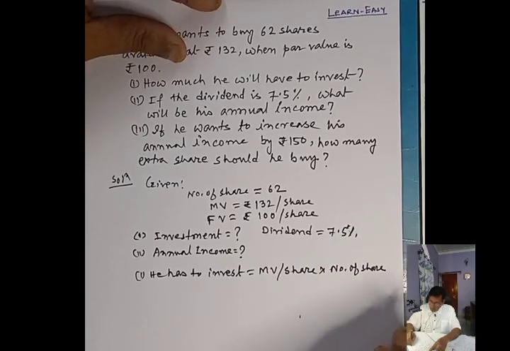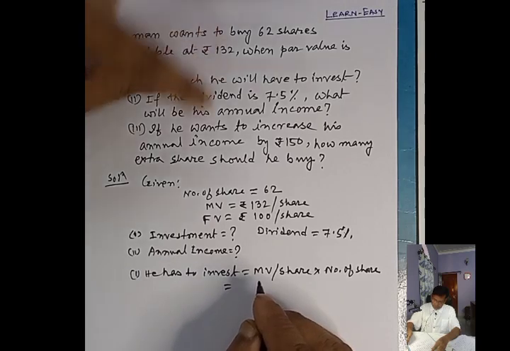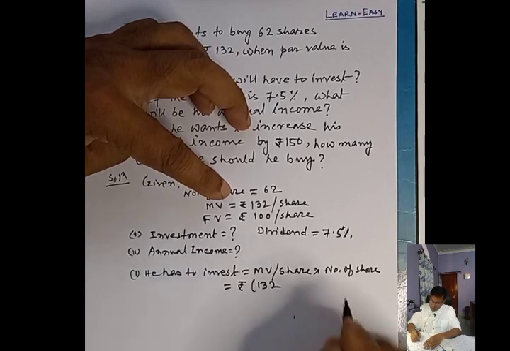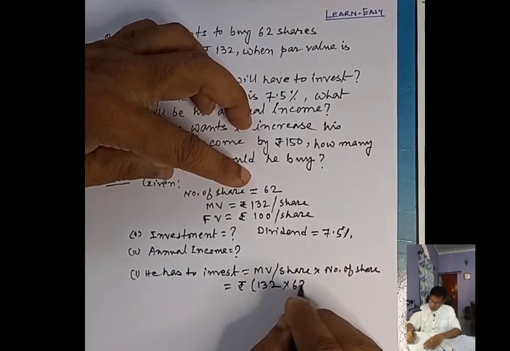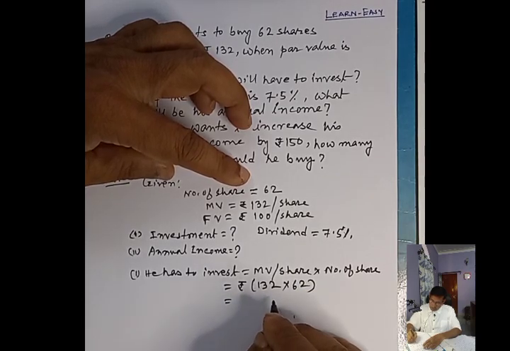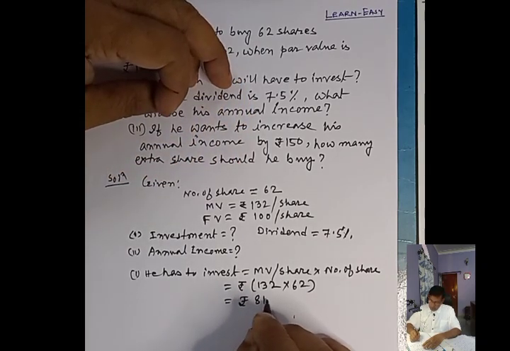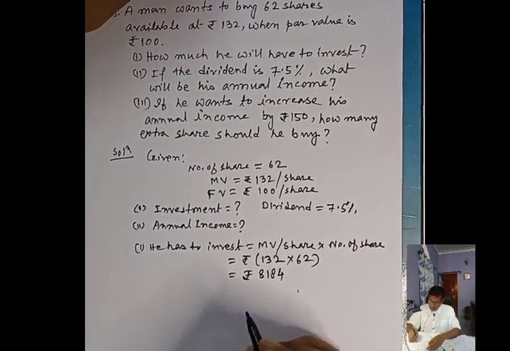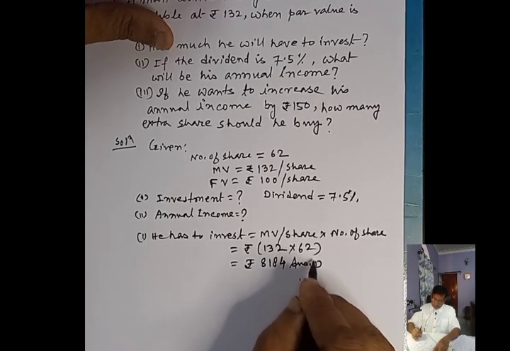This investment he has to do is equal to MV per share 132 into number of shares. Number of shares means 62. If we multiply this, we will get rupees 8184. Okay. This is answer number 1.